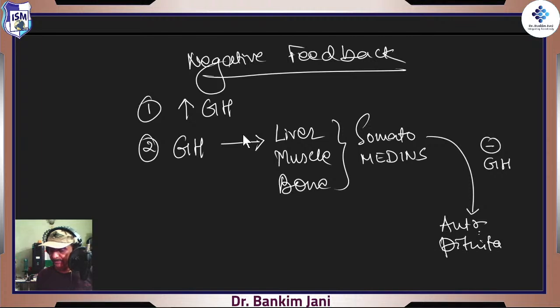This is to keep the growth hormone in balance. As soon as growth hormone is released, it starts its function, but liver, muscle, bone also release somatomedins, and they go to the anterior pituitary and decrease it. Once it is decreased, the level drops and somatomedins level drop, and then once again the anterior pituitary will release. So it keeps on moving in a controlled, definite window.